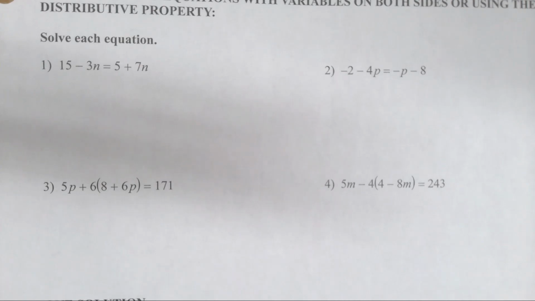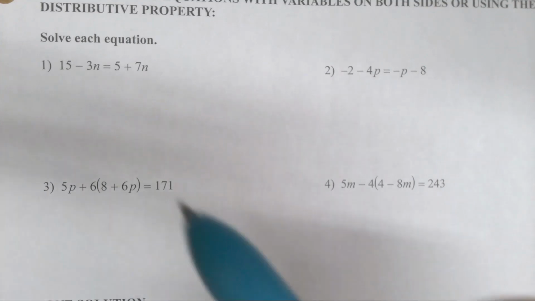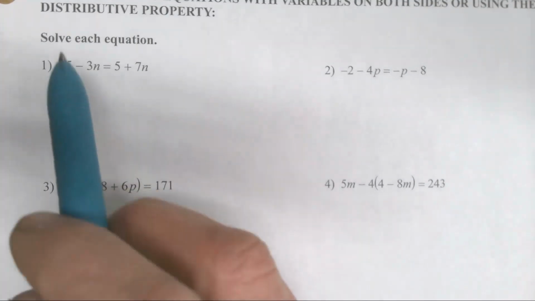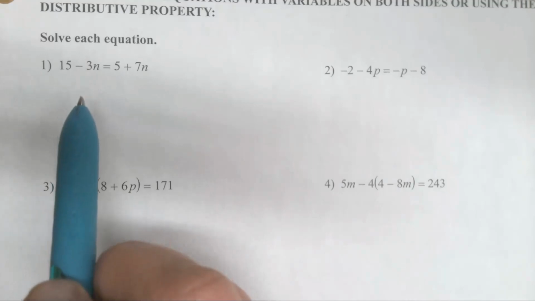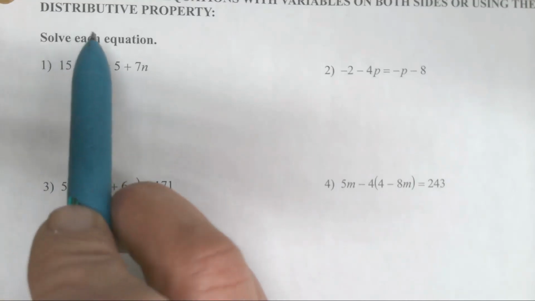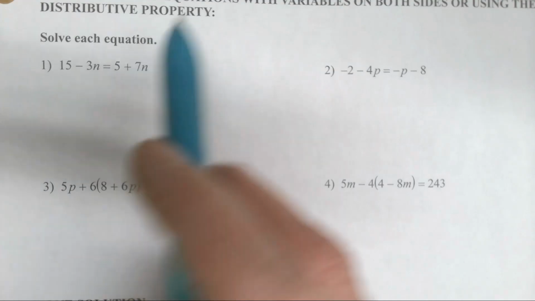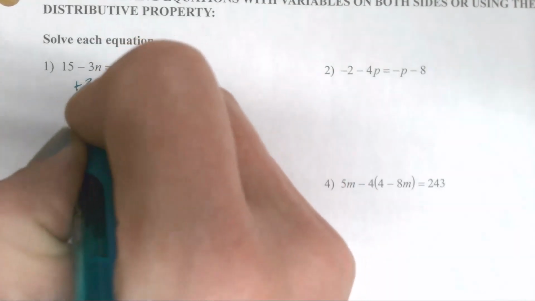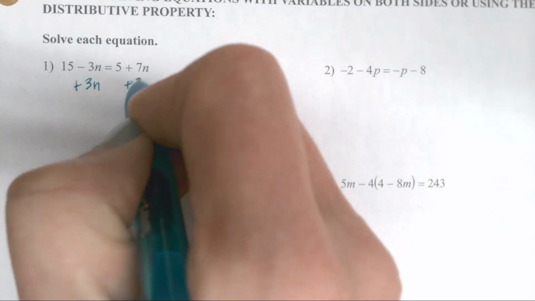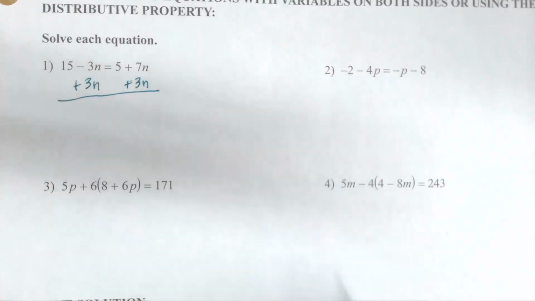Some people follow a specific way. I typically move the variable that is the smallest. So for me, negative 3n is smaller than 7n. So I'm going to start by adding 3n over to 7n.